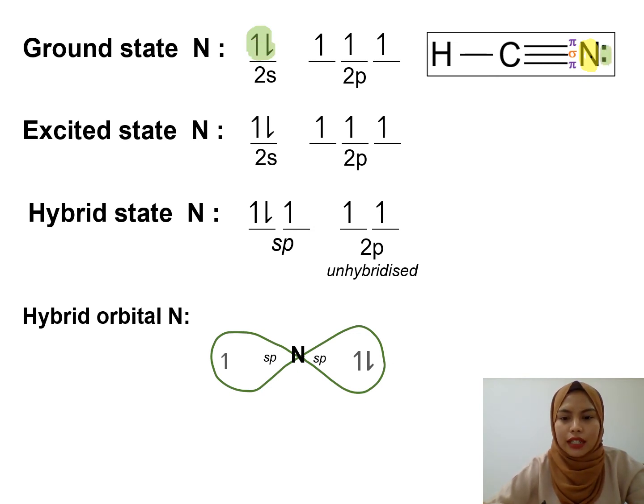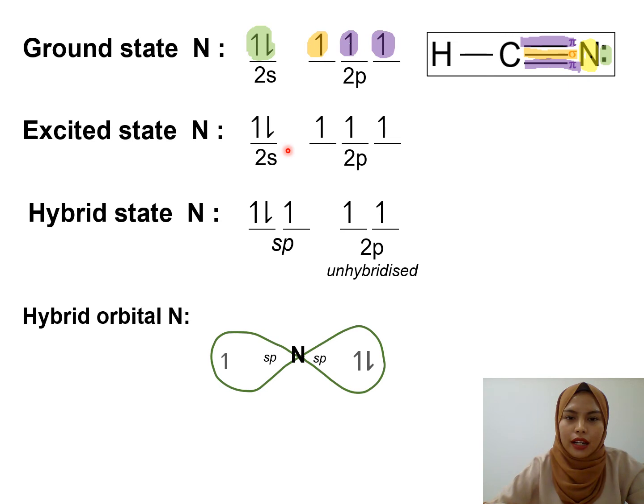Okay, manakala this single electron akan contribute kepada sigma bond. Okay, and this dua single electron dekat 2p orbital akan contribute kepada 2 pi bond dekat nitrogen atom ni. Okay, therefore bila kamu nak tulis excited state of N, sama sahaja macam ground state sebab there is no electron is excited, tapi kamu tulis sahaja juga.